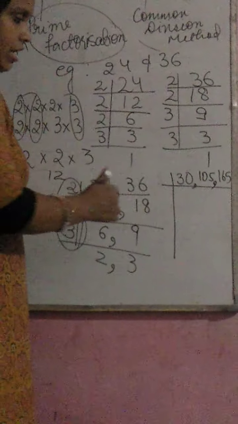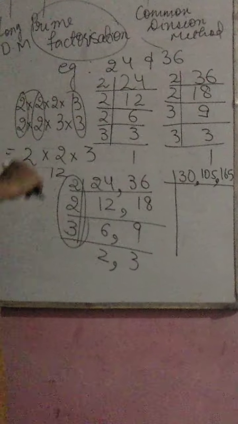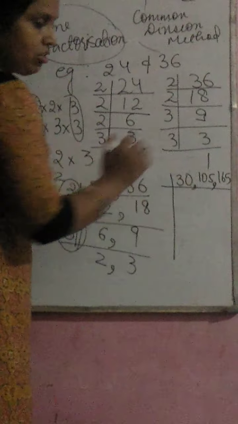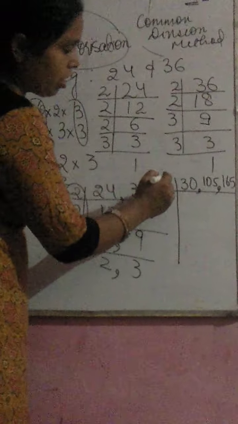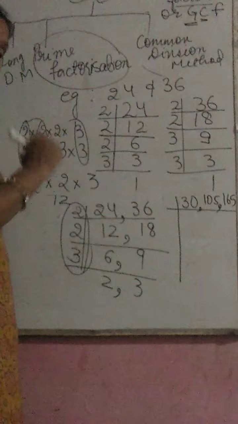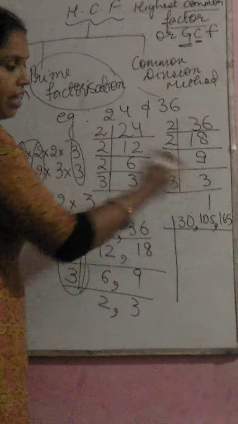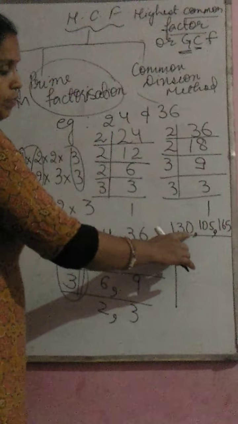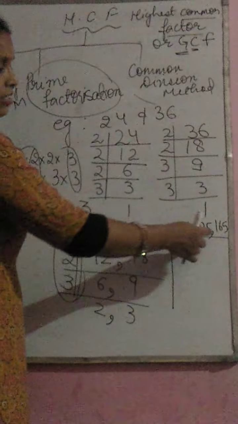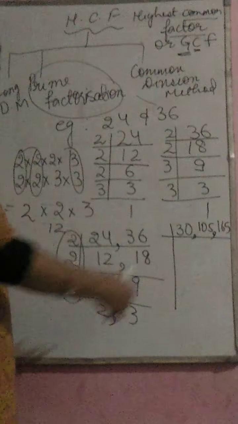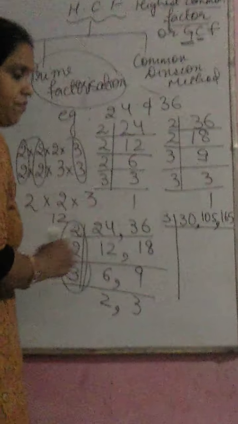The divisibility rule of 5 says that it should have 5 or 0 at the ones place. Here I have 5 and 0 at the ones place, that means they go by the table of 5. I can also take 3 because they are divisible by 3. If I add the digits, 3 plus 0 is 3, 1 plus 5 is 6, and 1 plus 6 plus 5 is 12. It is all coming in the table of 3, so I am taking 3 first.